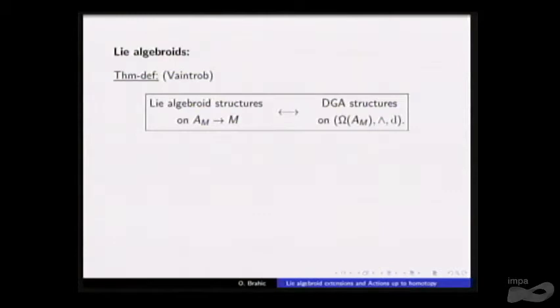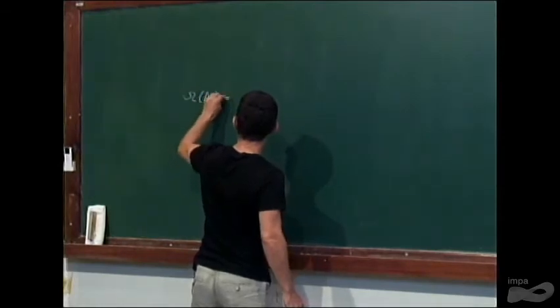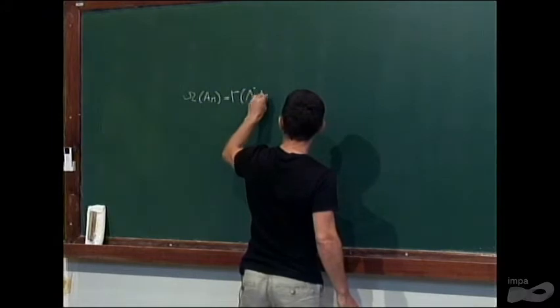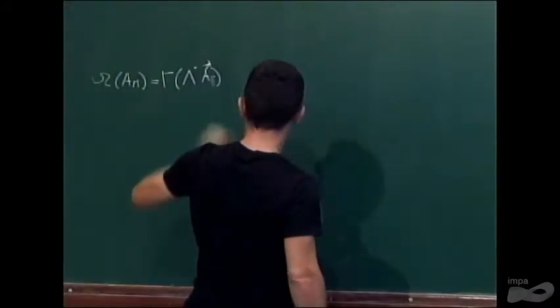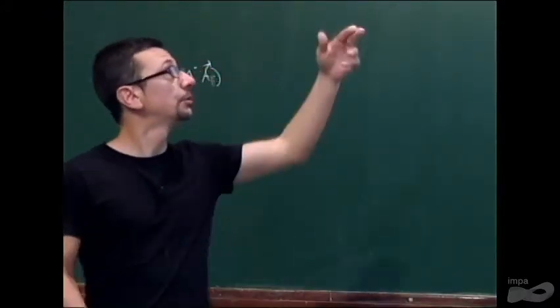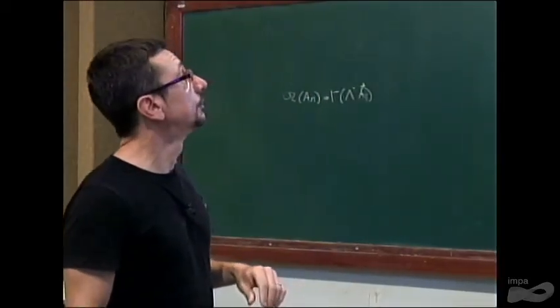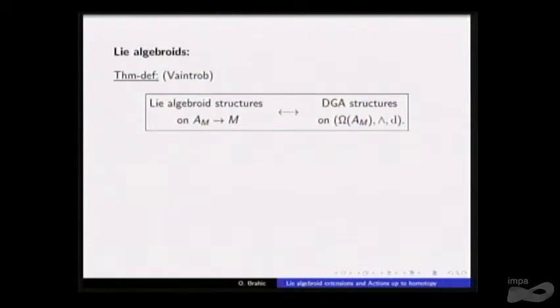The notation Omega of A, M denotes the sections of the exterior algebra of A star. So I will talk about forms on A. This says that a Lie algebroid is entirely determined by the complex that computes its cohomology.